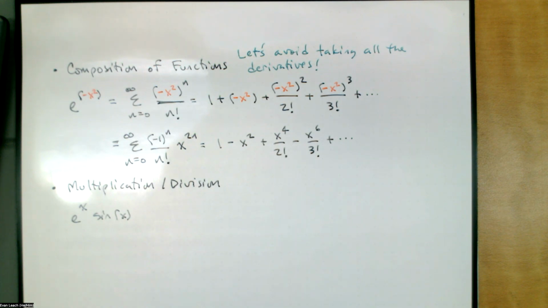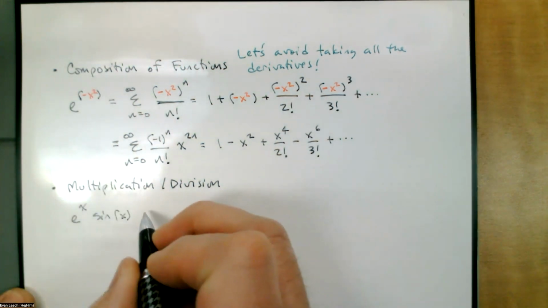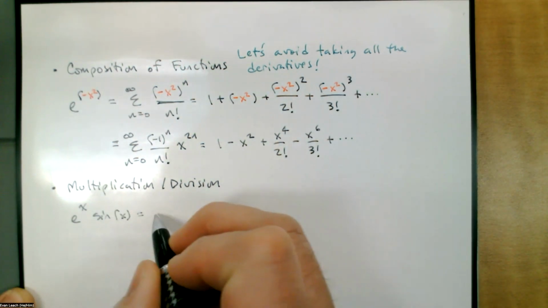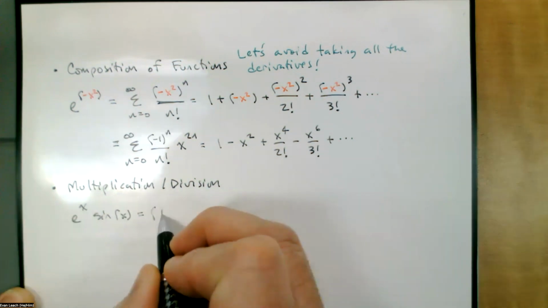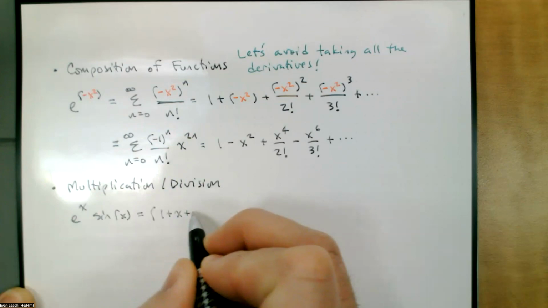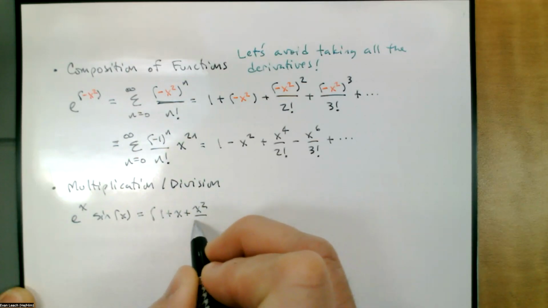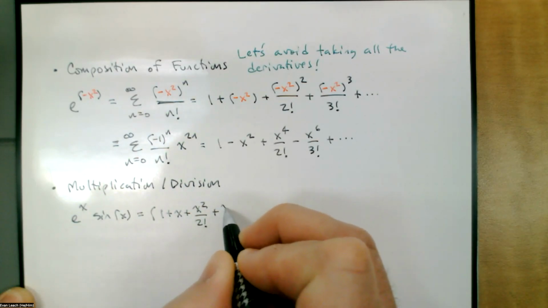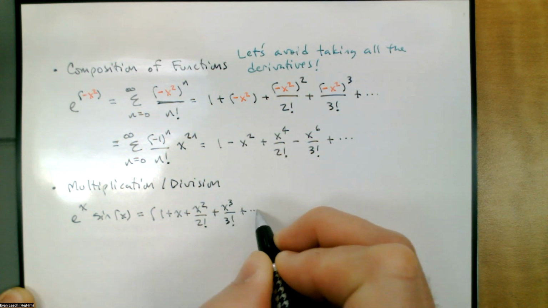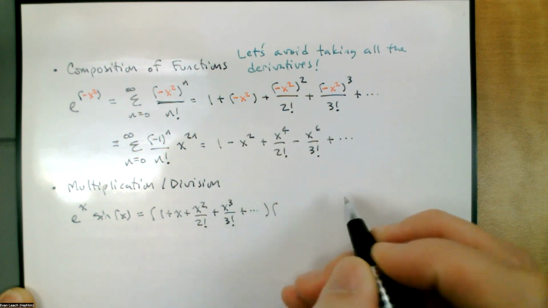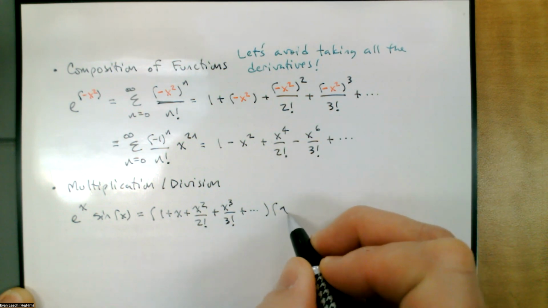It's going to be messy. But if we just multiply, I can take the power series for e to the x and multiply it by the power series for sine x.